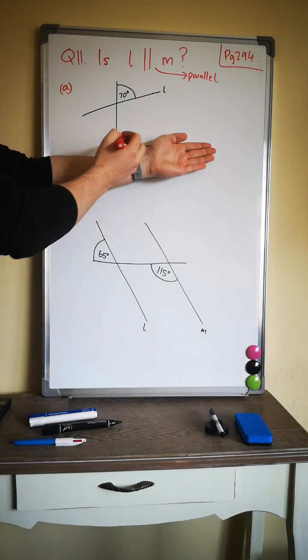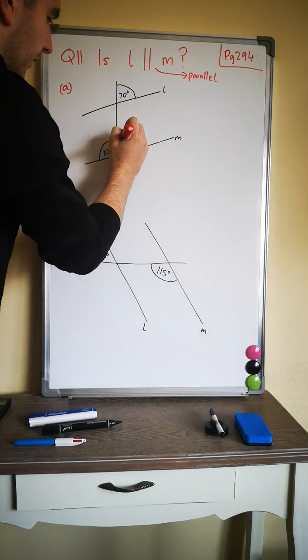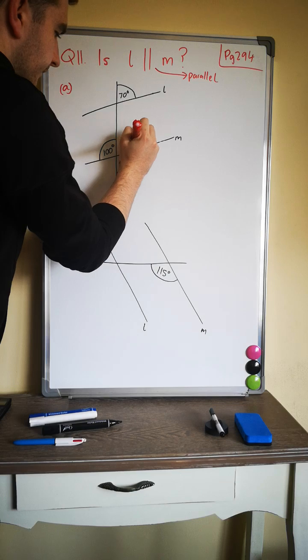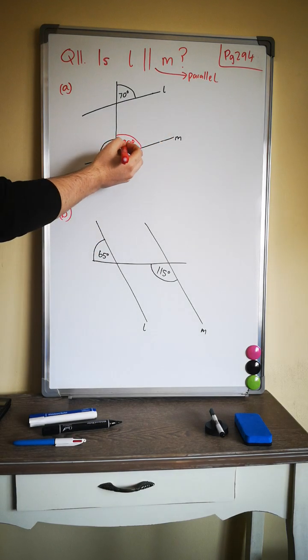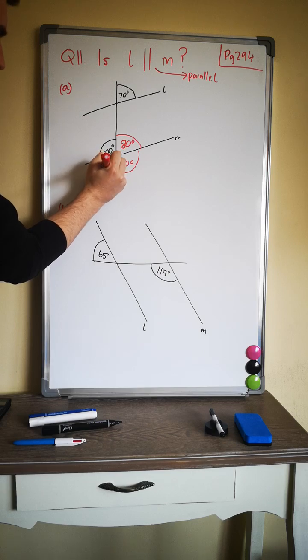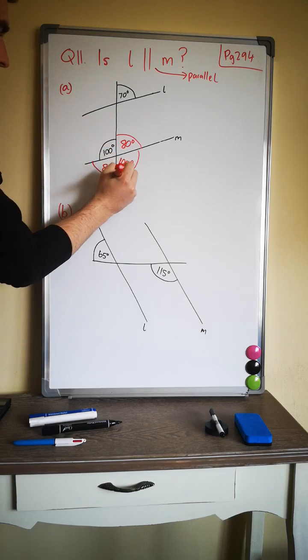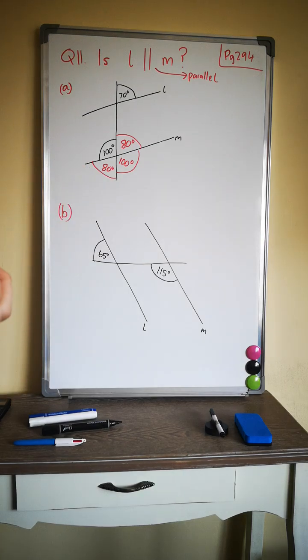In a straight line there's 180 degrees. So this is 100 degrees, this one must be 80 degrees. Okay, and again with vertically opposite angles we can see that 80 degrees right opposite because we have the X. This is also 80 degrees. If you add them all up, 80 plus 100 plus 80 plus 100 should equal 360 degrees.